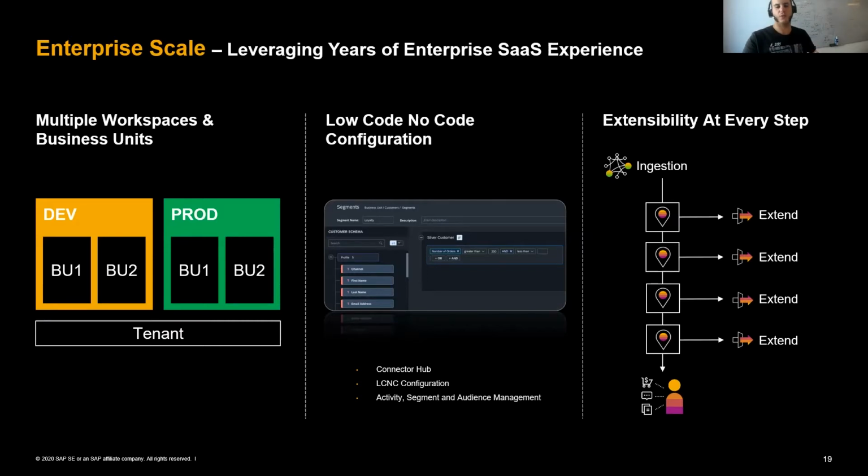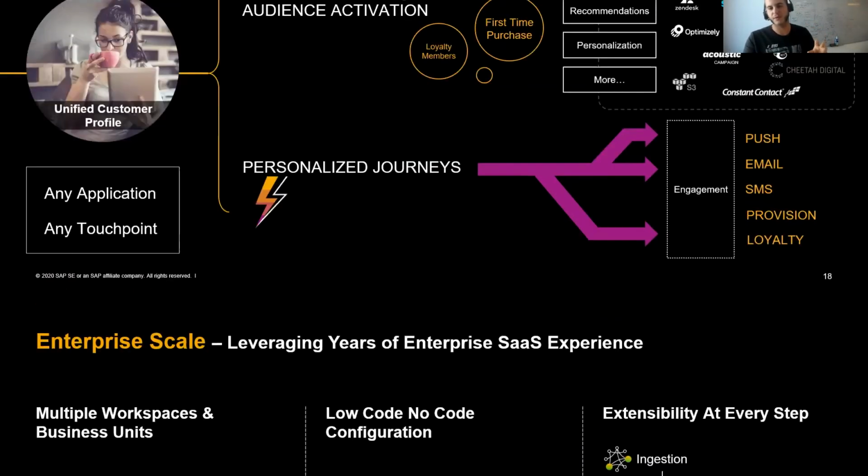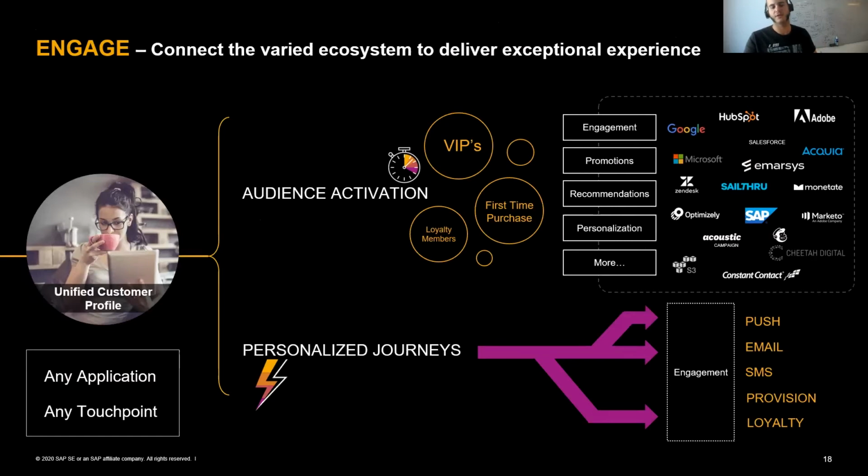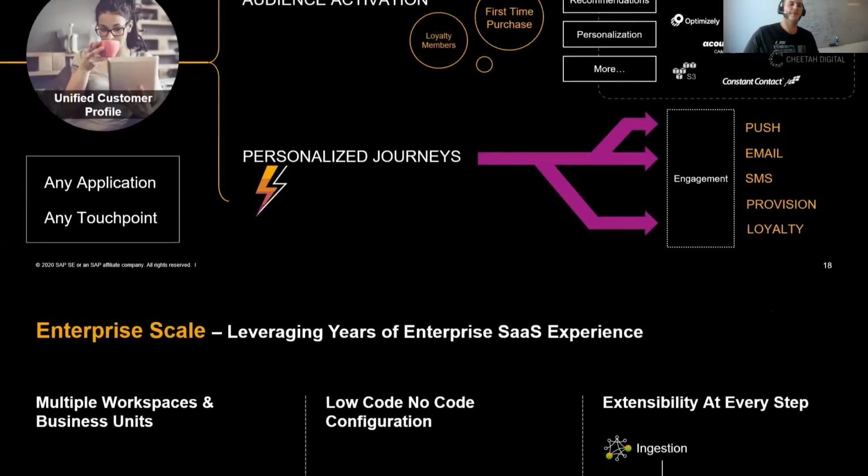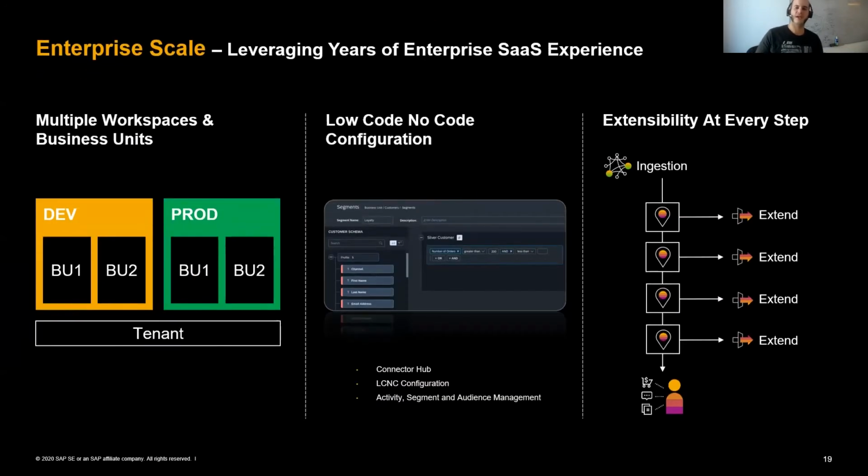So these are what I talked about so far, the key concepts that we have in CDP. I think it's also worth mentioning the scale of what we work with.